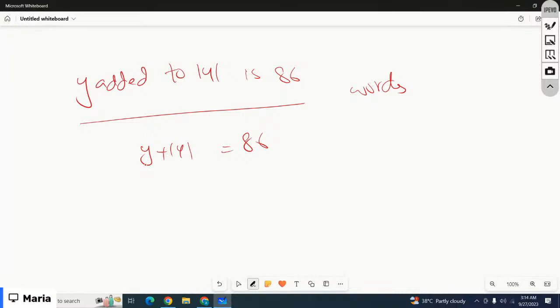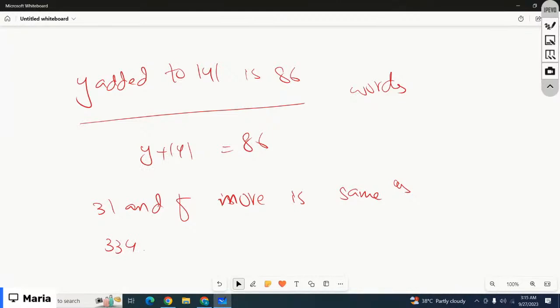Okay, the next one is 31 and f more is the same as 334. So which is the correct option?